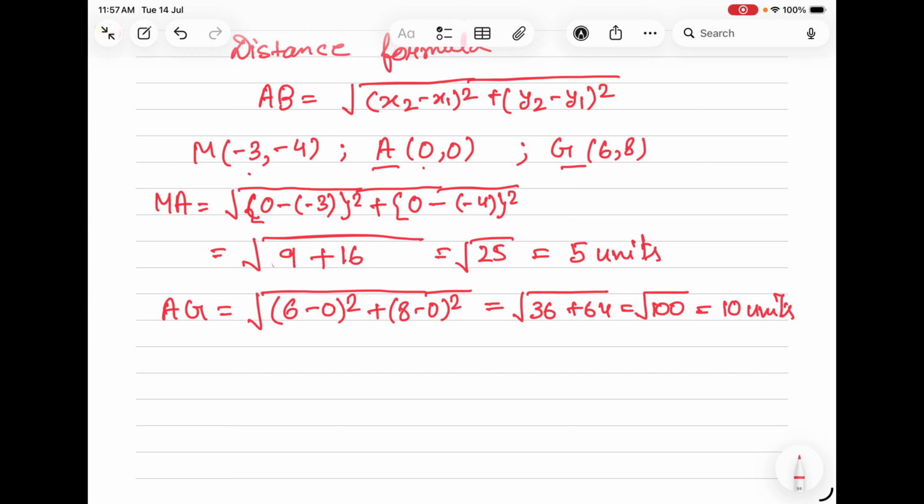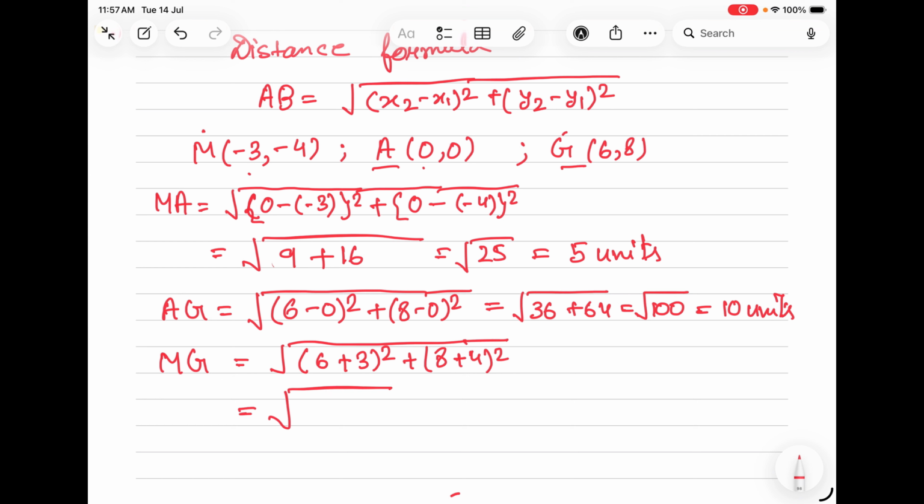And M and B, what is the distance of M and B? Square root of (6 minus minus 3, so minus minus plus 3) whole square plus (8 minus minus 4, minus minus plus 4) whole square equals 6 plus 3, 9, 9 square 81, plus 8 plus 4, 12, 12 square 144.